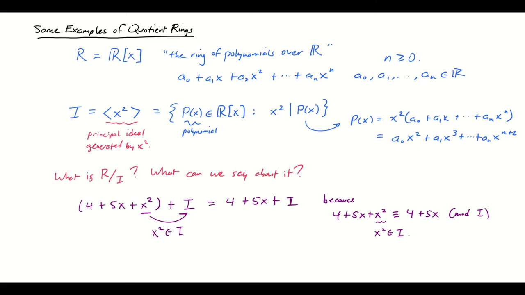Because those polynomials are congruent mod I, their cosets are the same. So these two cosets are the same element of R[x] mod I.